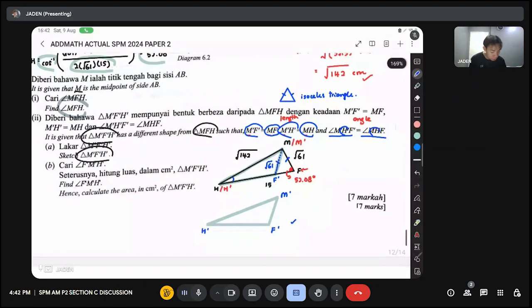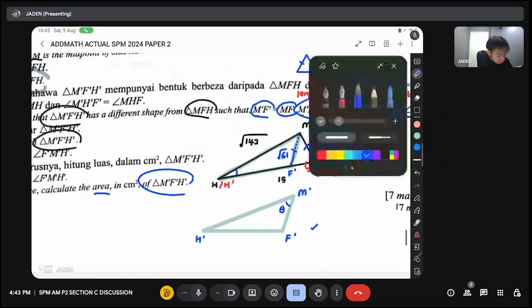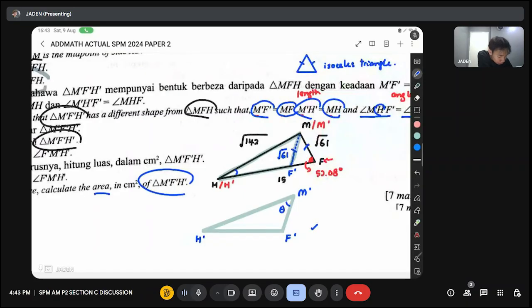Next, they want us to find angle FMH, which is here, and then calculate the area in cm squared of the whole new triangle. In order to get this theta, what we can do first is go back to the original triangle. As you can see, this is isosceles, so this side will be the same, 52.08.